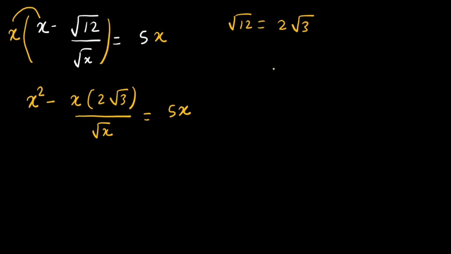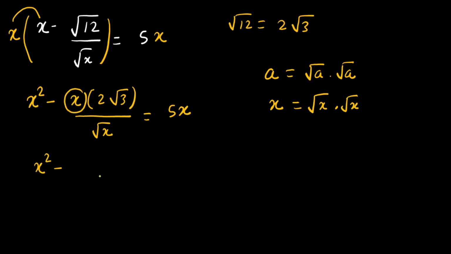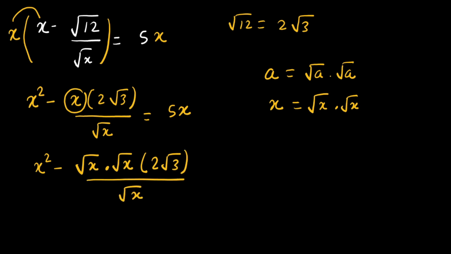Now we know that a is equal to square root of a times square root of a. So x is the same as square root of x times square root of x, and we know that x is greater than or equal to 0. So here x square minus this x is replaced by square root of x times square root of x, multiplied by 2 times square root of 3 and divided by square root of x, this is equal to 5 times x.